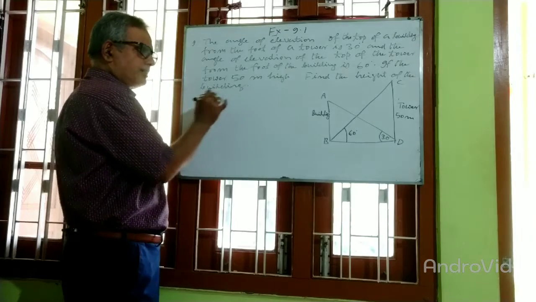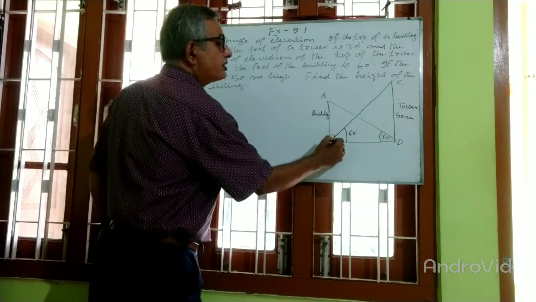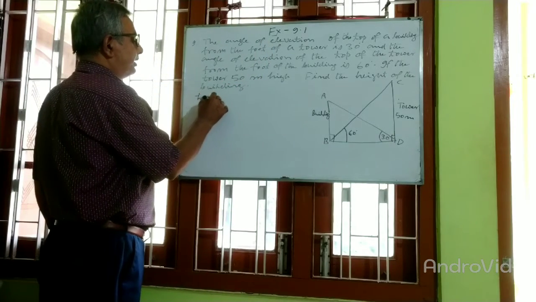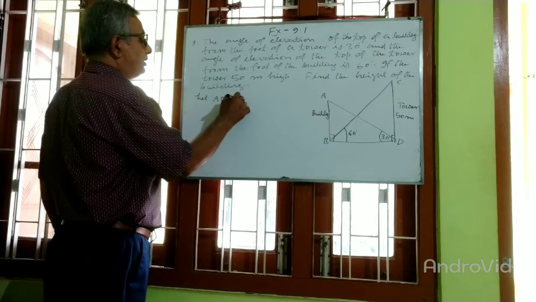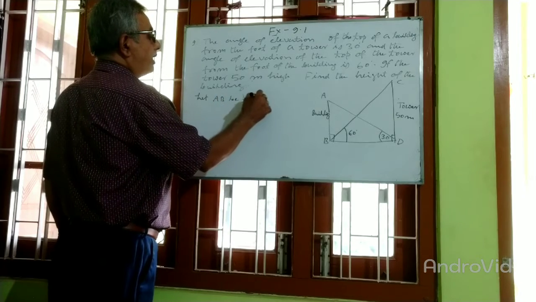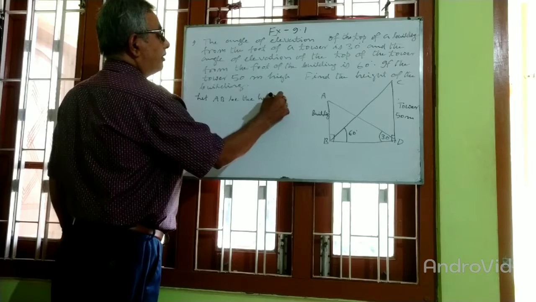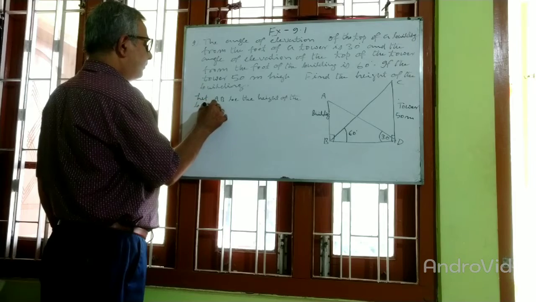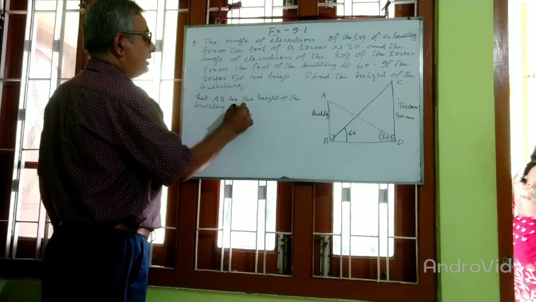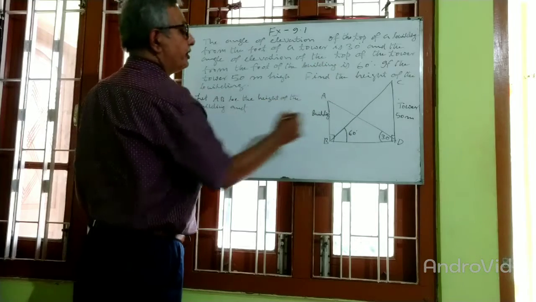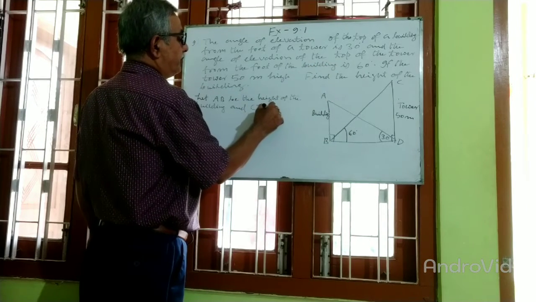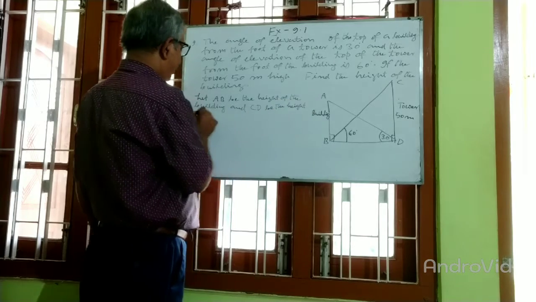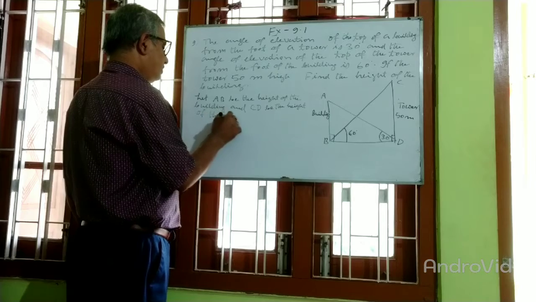What sentence should I use? This is 90 degree, this is 90. Let AB be the height of the building and CD be the height of the tower.